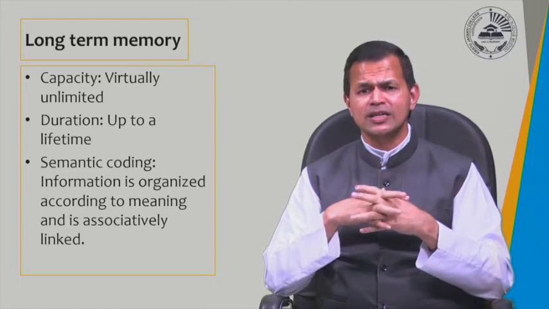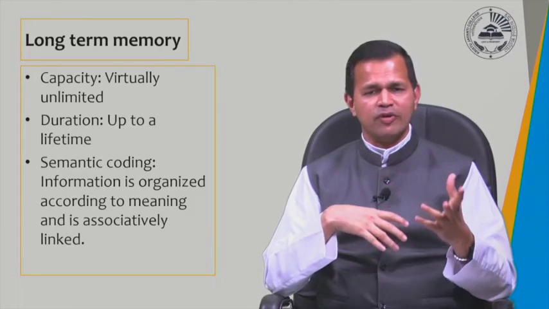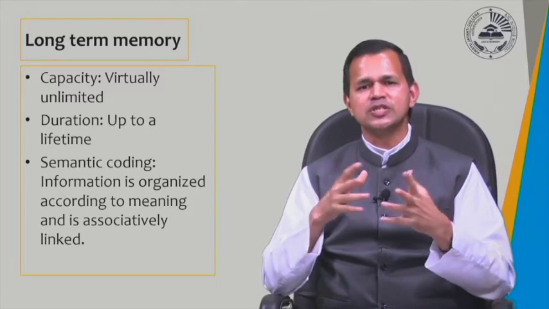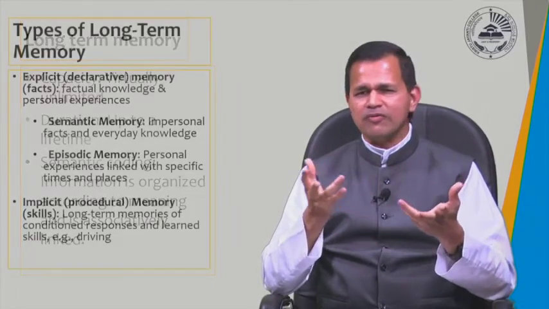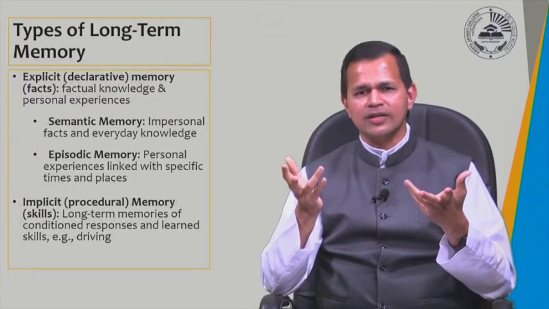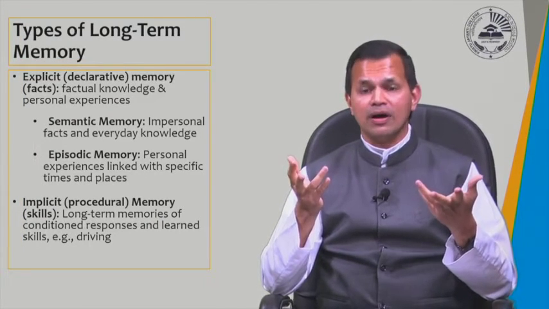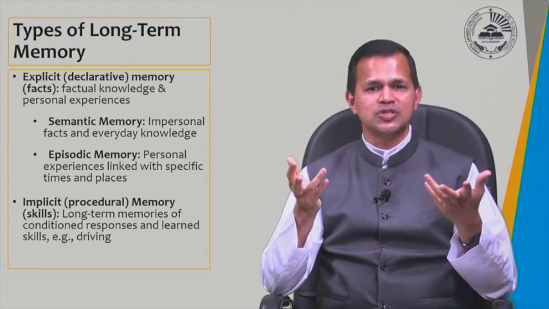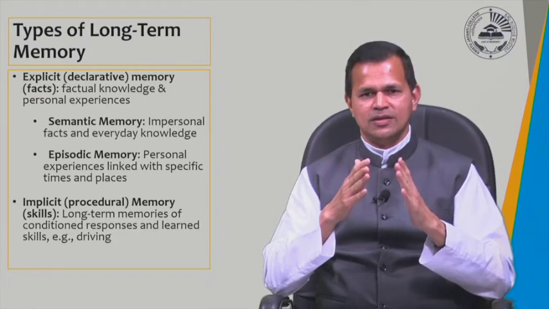Now let us look at the types of long-term memory. Long-term memory can be divided into various formats, and one is called explicit or declarative memory. The word itself is very explanatory: declarative or explicit memory is the memory involved with facts, knowledge, and personal experiences. It is talking about facts.